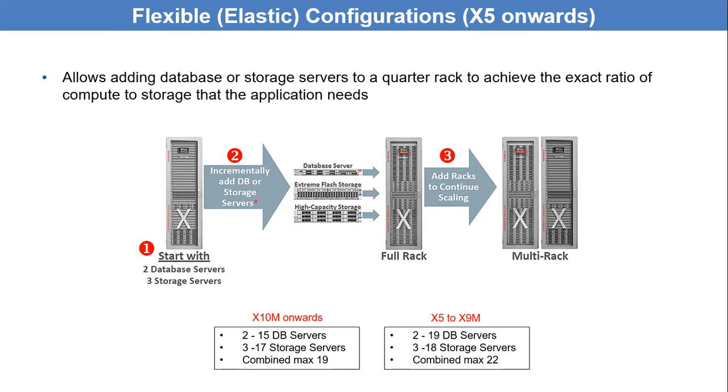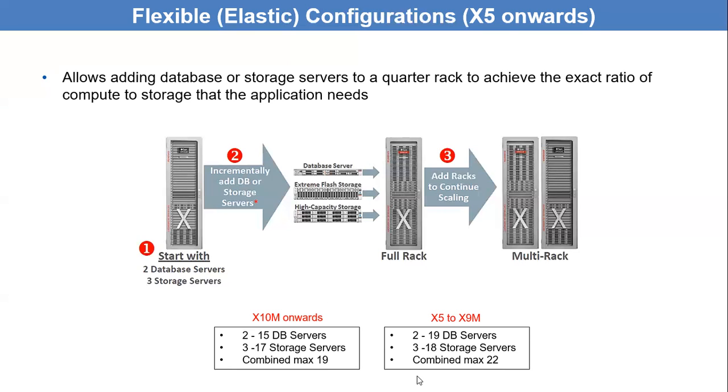Now, there are some rules around this. Minimum database servers, minimum storage servers inside the rack, maximum database servers, maximum storage servers inside the rack, and combined maximum number of servers inside the rack. So you need to meet these requirements.